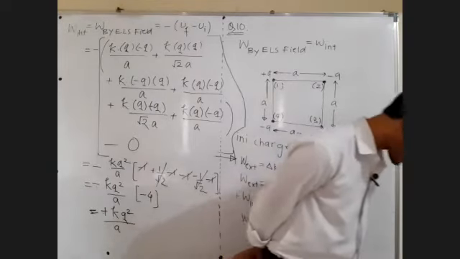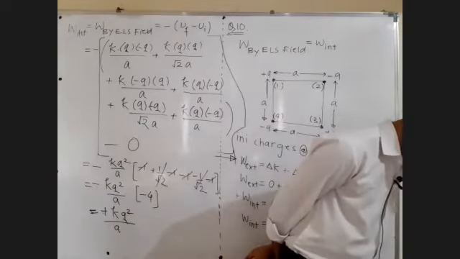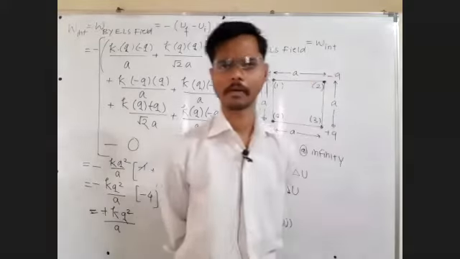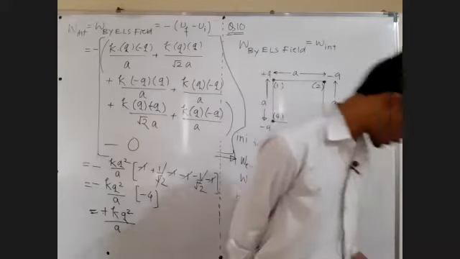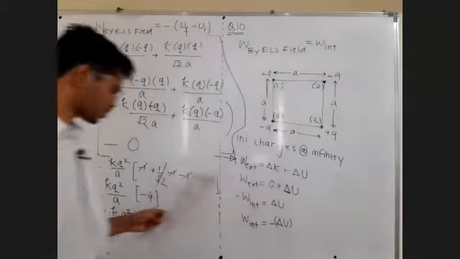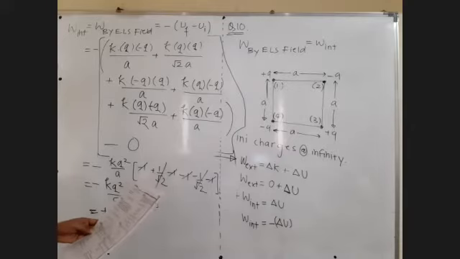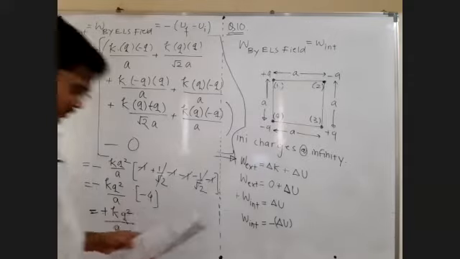Can anyone point out the mistake? Their answer is K into Q square upon A into bracket 4 minus root 2 upon A. What have they written?